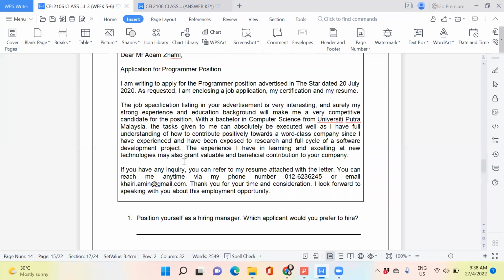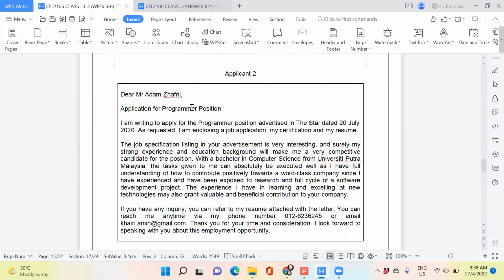So there's not that much of a mistake or error. Tak ada error pun sebenarnya. And you can write the letter in sample one, no problem. Tapi, okay, for your sake, and if you want to make sure that you sound polite and formal, I would suggest that you write this way. Sample number two. Okay, all right.